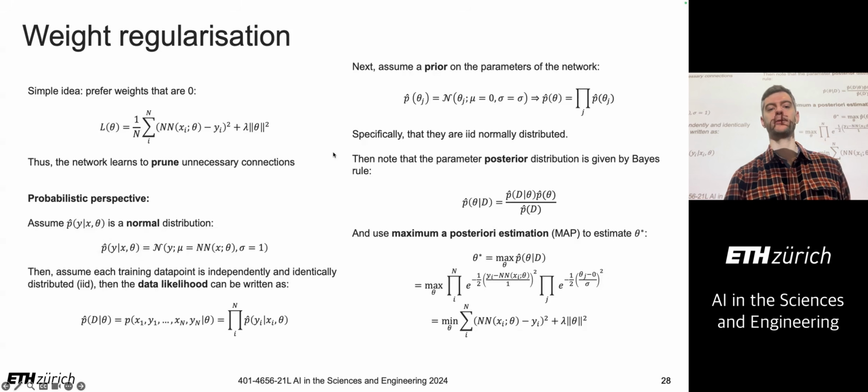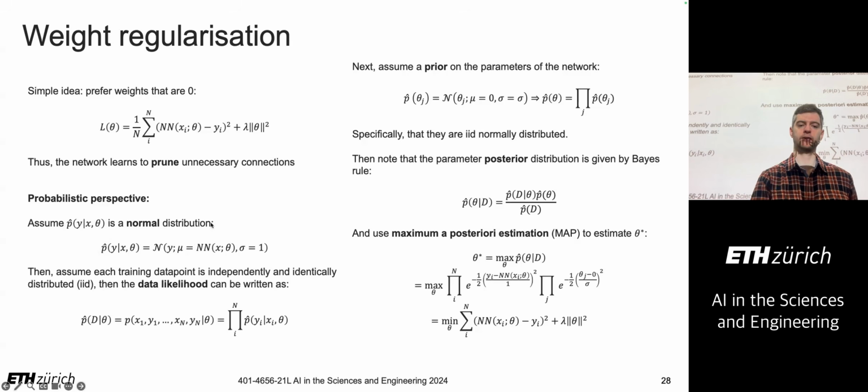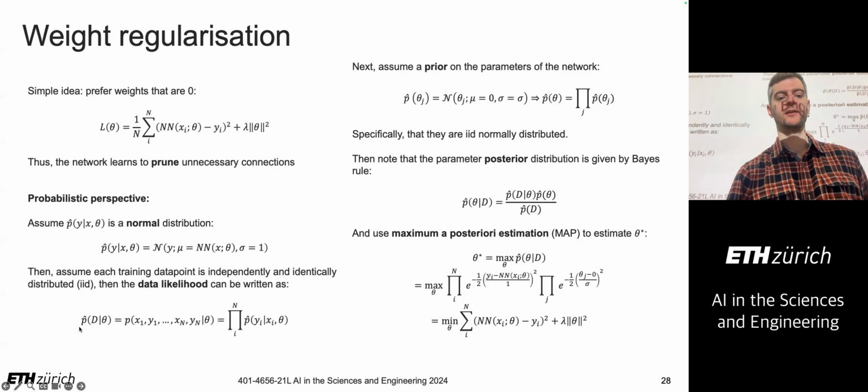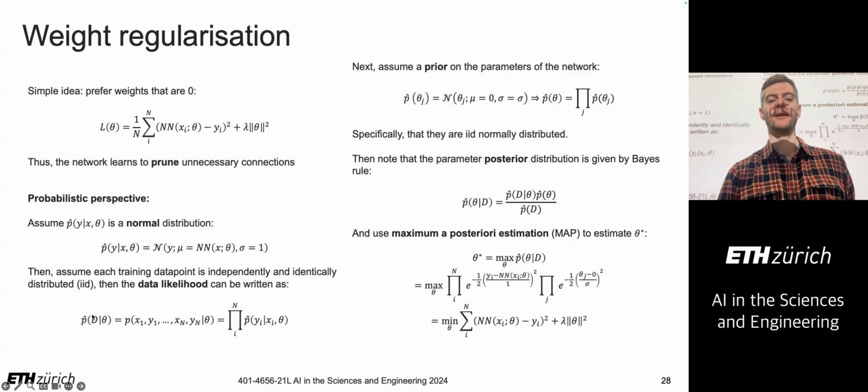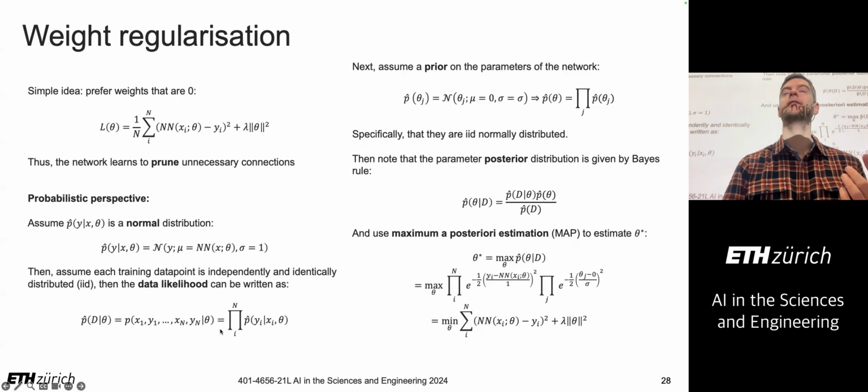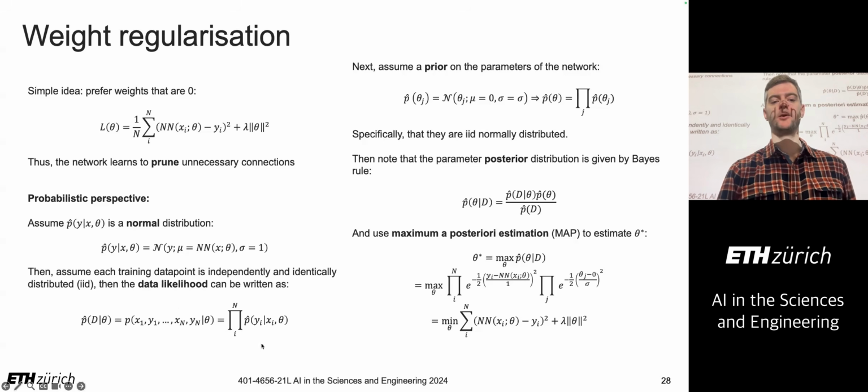So we can actually also derive this loss function if we change the assumptions in that derivation. I'm just going to go through it again. We say that the data likelihood here is the probability of all of our data points, all the x1, x2, y1, y2, given our theta values. If we assume independent identically distributed training examples, we can write it as just this product of each conditional value.